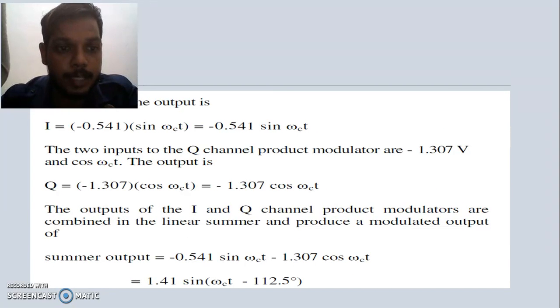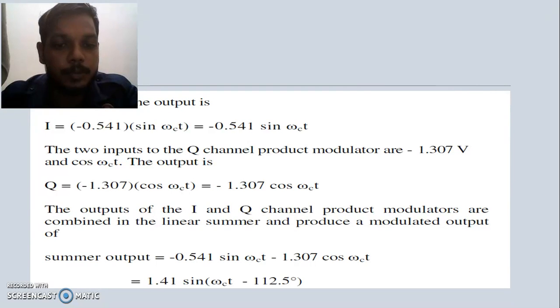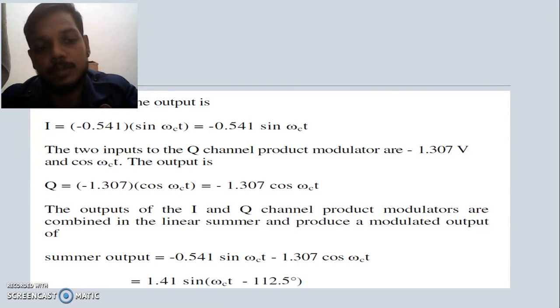The output is I equals negative 0.541 times sin omega ct, equal to negative 0.541 sin omega ct. The two inputs to the Q channel product modulator are negative 1.307 volt and cos omega ct. The output is Q equals negative 1.307 times cos omega ct, equal to negative 1.307 cos omega ct.